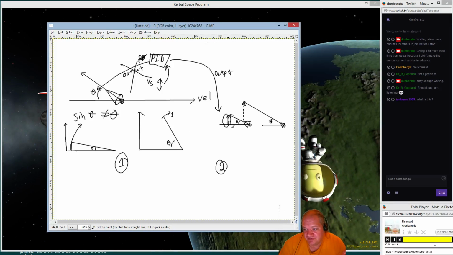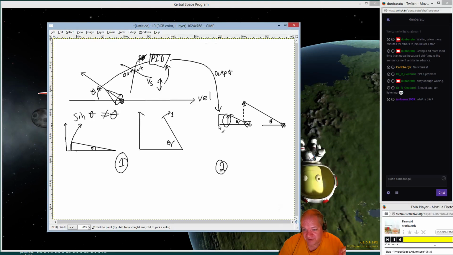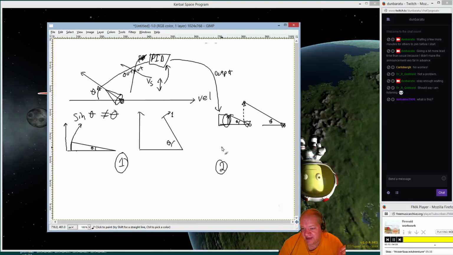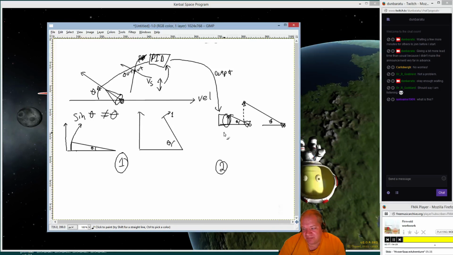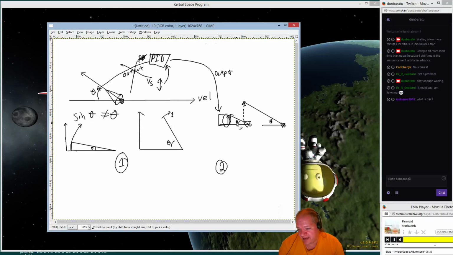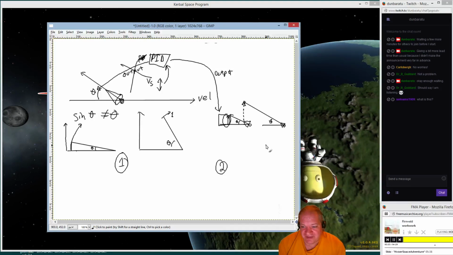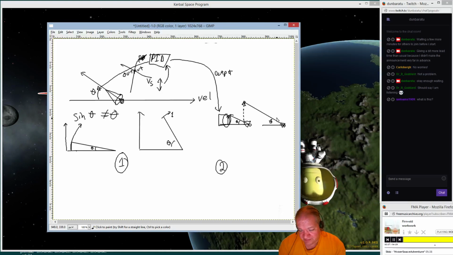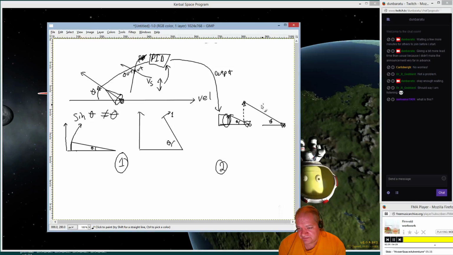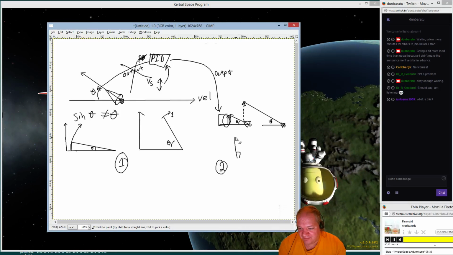The PID controller now will be outputting just the simple vertical magnitude of this. How much of this thrust should we have? And then we'll calculate backward from that what the angle we actually want is. And the way to do that is actually not that hard, because if we're talking about things in terms of thrust, then this is basically a right triangle.